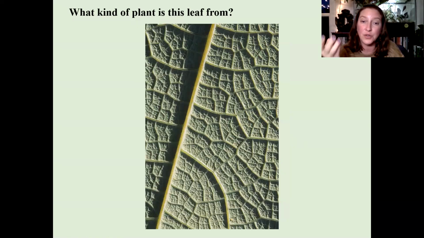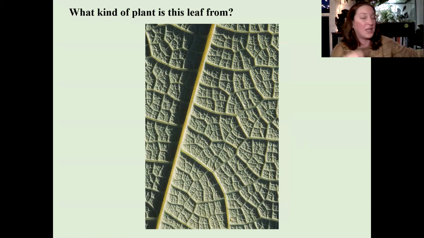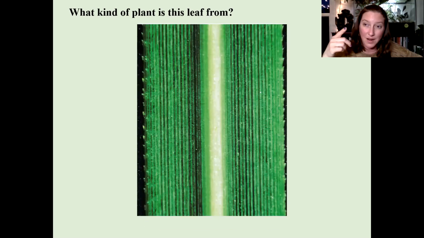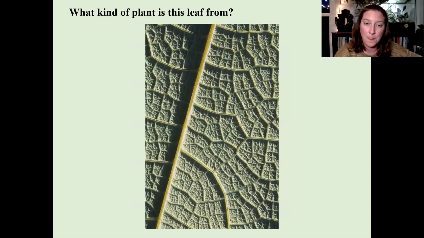Whereas here, if I showed you this and asked you what kind of plant this came from, hopefully you can tell with your eyes, these are not parallel veins and they're net-like veins. And so you would tell me this is a monocot leaf vein, right? Sorry, dicot leaf. This is monocot with parallel venation.